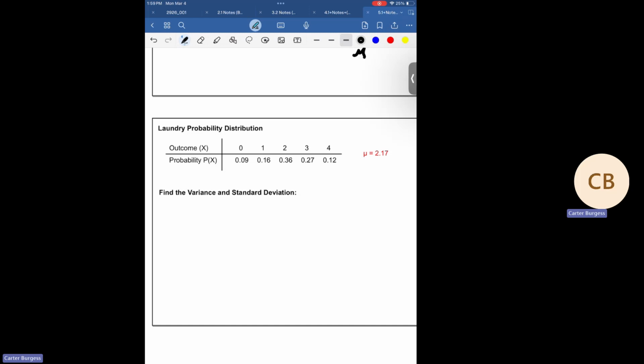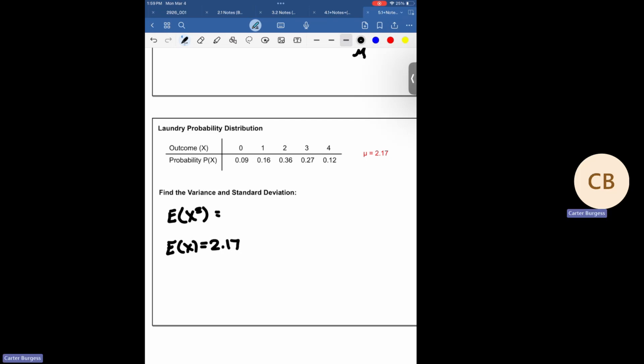Okay, so for this, we need to figure out our E of x squared, since we already know that E of x is equal to 2.17. That's just the mean. And what this is, is the same thing, but I square the x's.